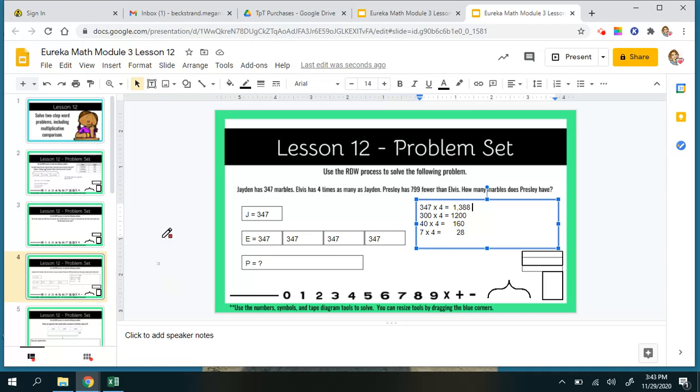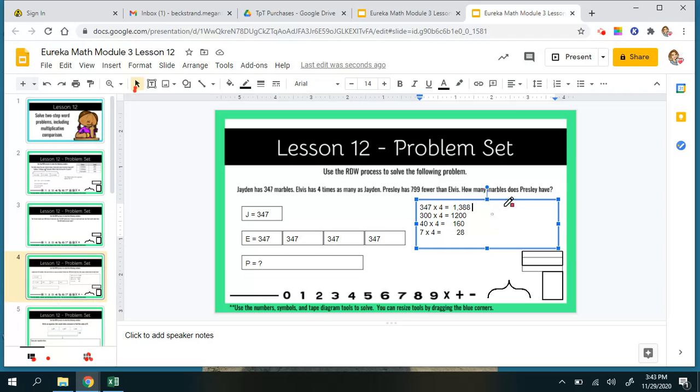I don't know how to undo it. My little text box went away. Okay, we're just going to give it a try.